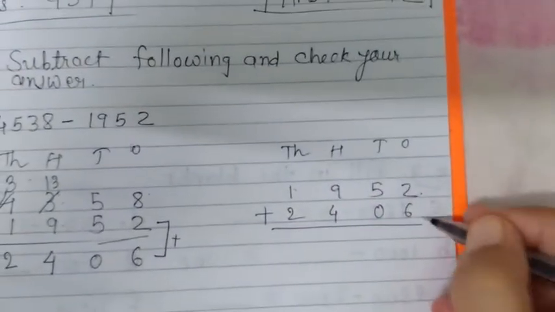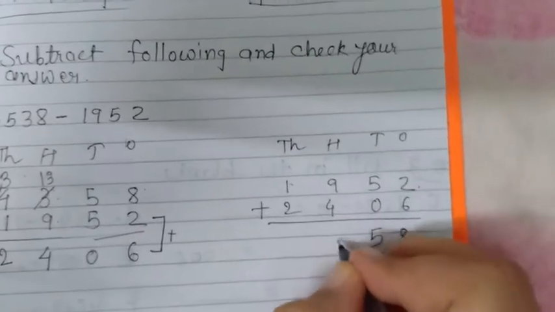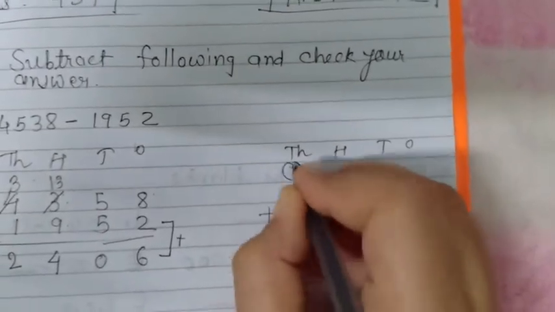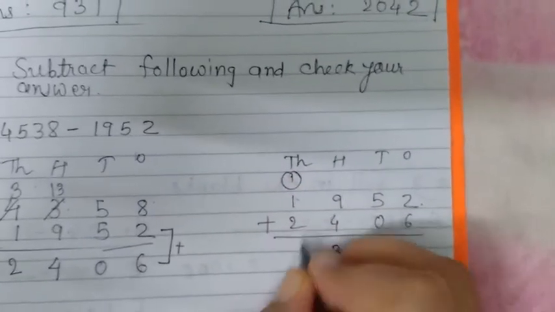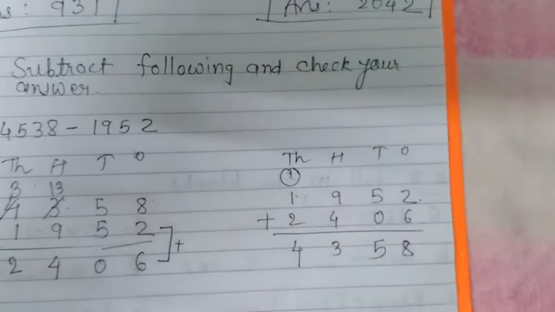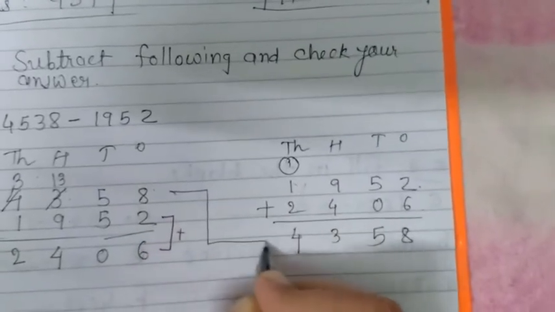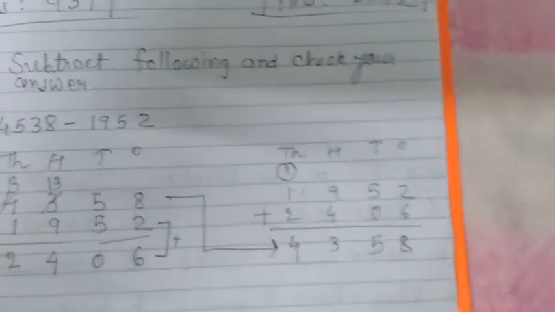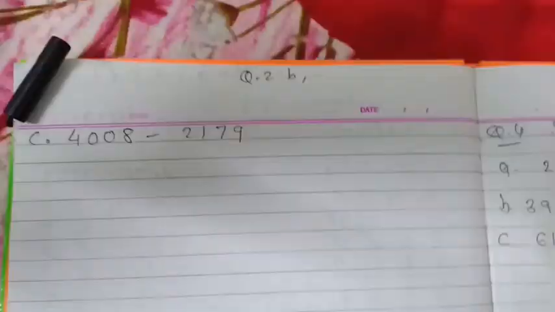Start from the ones place. 2 plus 6, 8. 5 plus 0, 5. 9 plus 4, 13. 1 plus 1, 2. 2 plus 2, 4. So your answer is 4358. It's the same as the minuend. So your answer is correct. Now B is your homework.